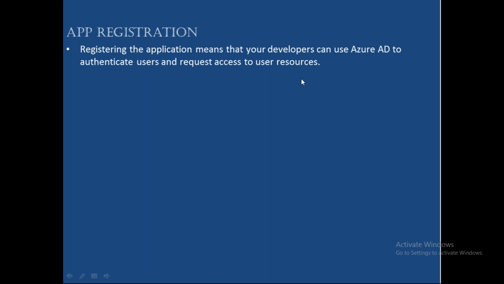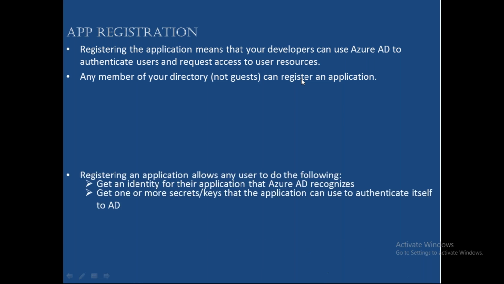This X application can access any resource in Azure only when you have granted the permissions. Okay, first thing. Next, any member of your directory can register an application. Whoever has admin access can create the app registration.